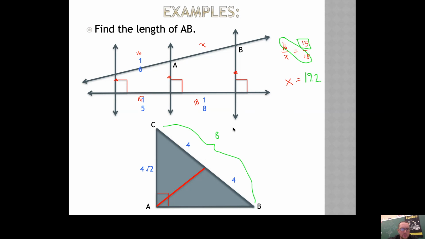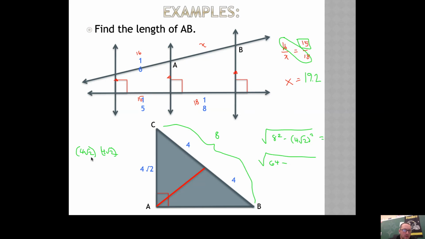But what we could do is, since we have the hypotenuse, we could do the square root of 8 squared minus 4 square roots of 2 squared. That might look complicated, but it's actually kind of easy. 8 squared is 64. Now we'll come over here to the side. 4 square roots of 2 squared looks like this.